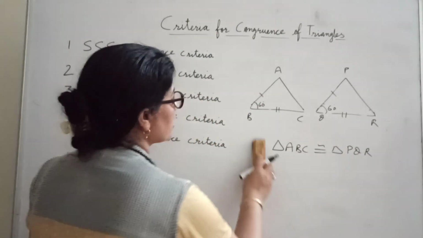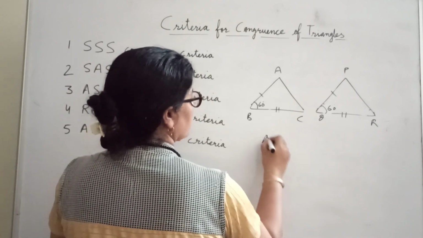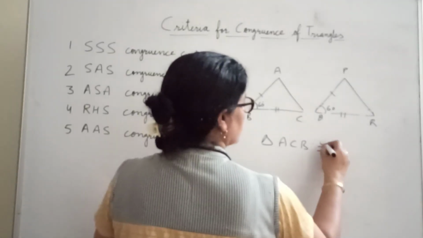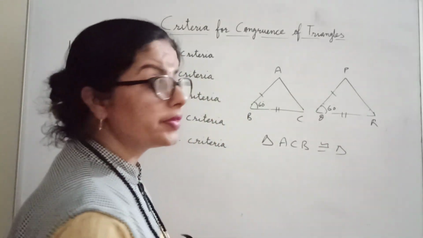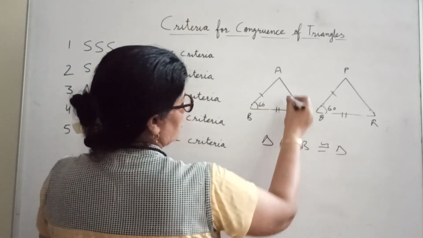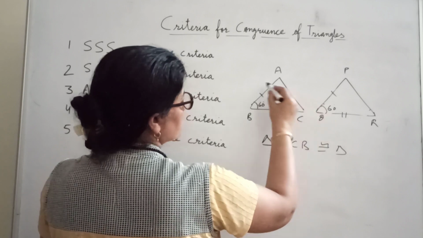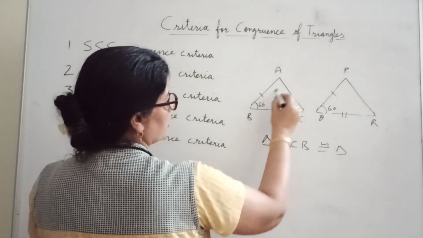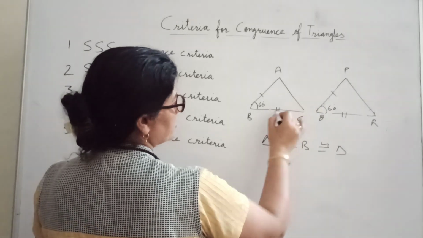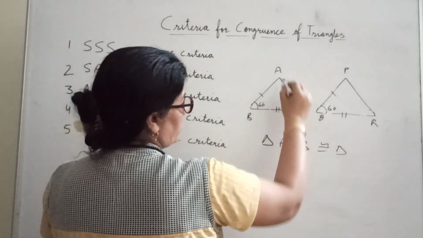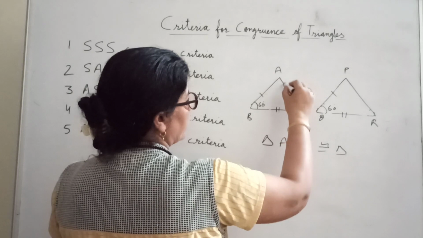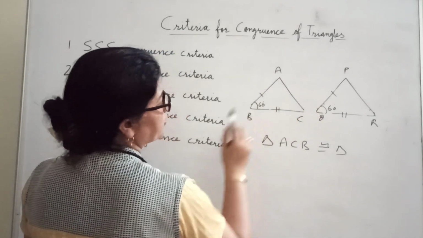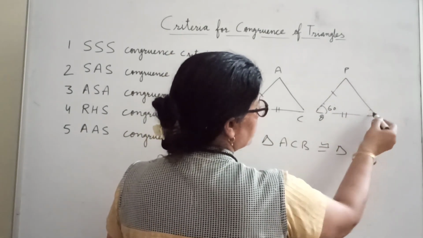If I have written here triangle ACB, then what will be the order? See carefully. ACB: blank side means where nothing I have marked. Here on this side I have marked 1, here no mark is there, here 2 marks are there. I have written ACB, means blank side, then to second side, then here also blank side to second side.